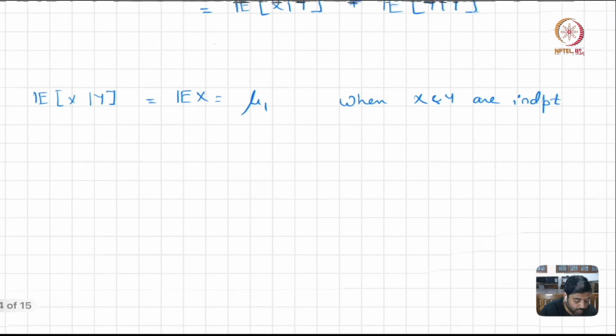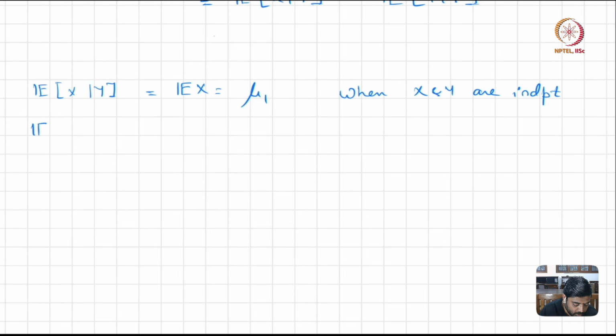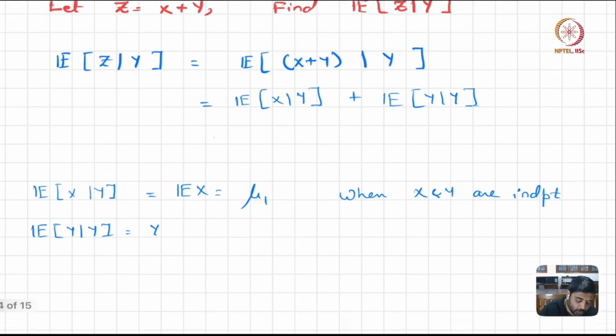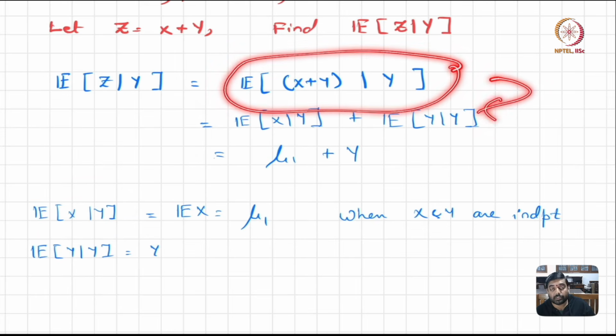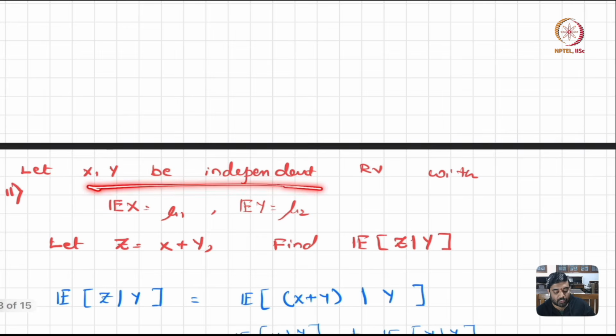The next thing I need is the expectation of y given y. We know this is y. Now substituting these back, this is mu1 plus y. Now we understand how to calculate conditional expectations when x and y are independent.